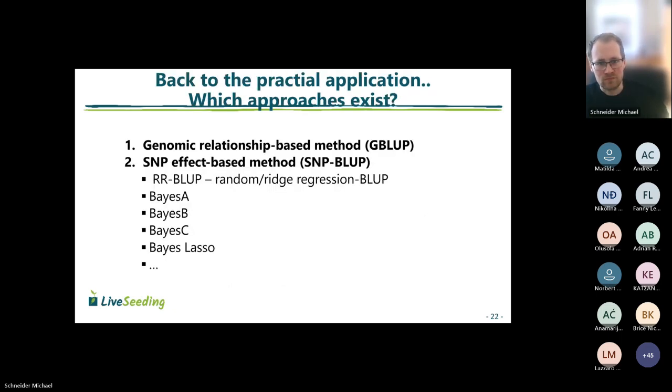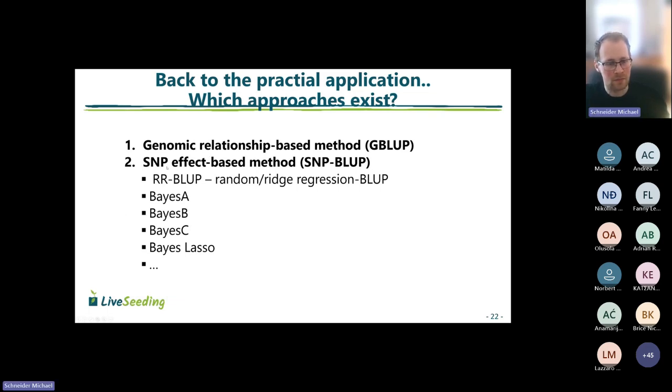So we're coming back to this practical application. And I just highlighted here some approaches to calculate the genomic prediction that exist. The first one I mentioned before, this genomic relationship-based method called GBLUP, where we just calculate the kinship prior to our estimation and use this kinship information to then afterward do the estimation.